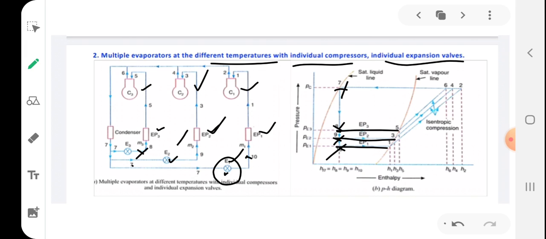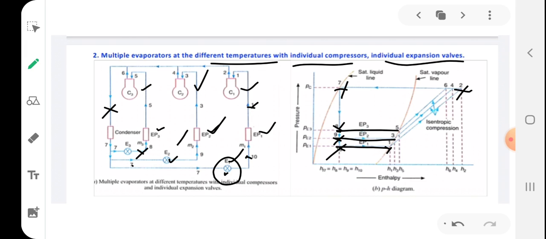And after getting refrigerated in evaporator 1, it will reach 1, and 1 will undergo isentropic compression to condenser pressure.